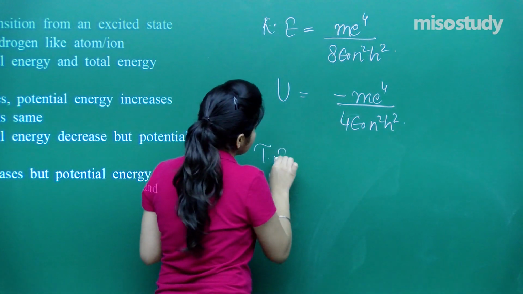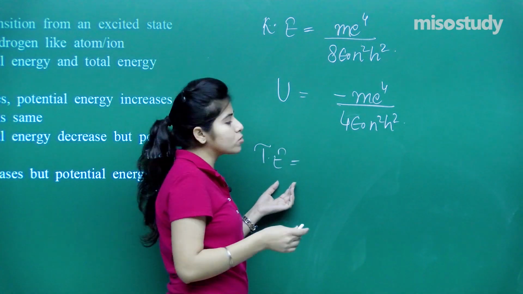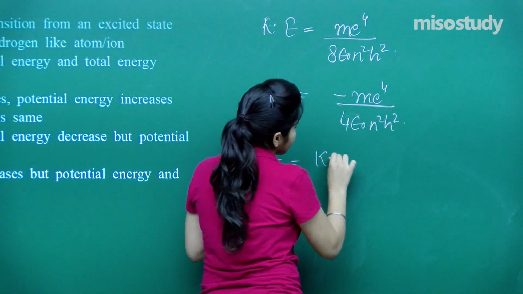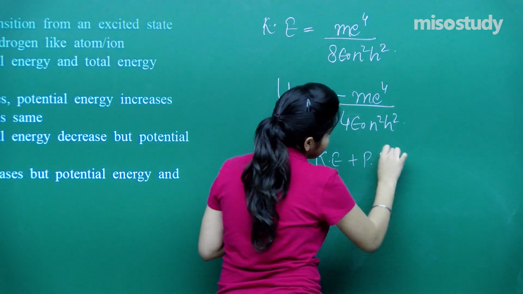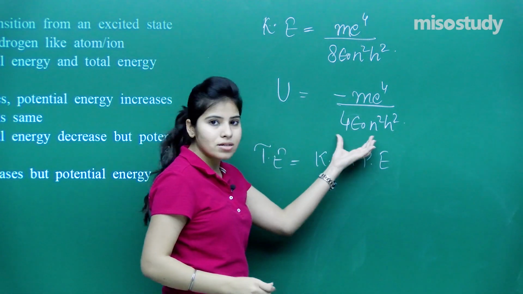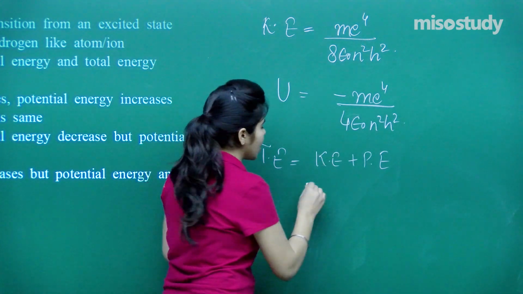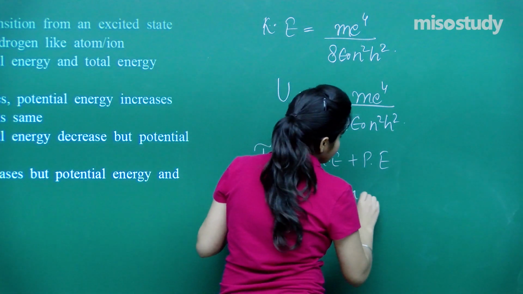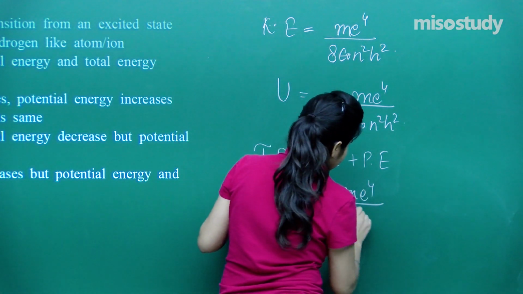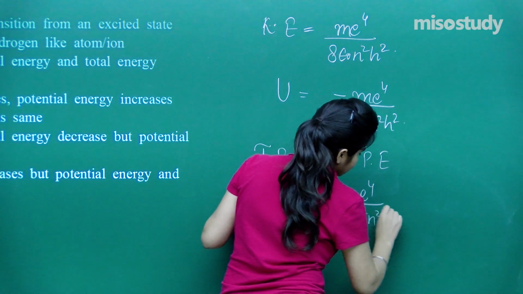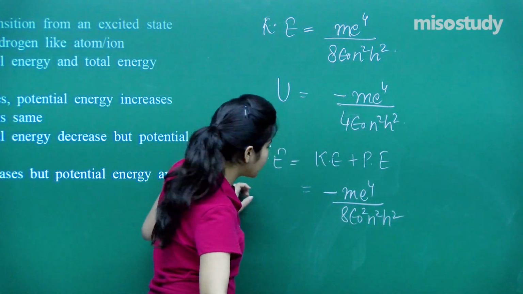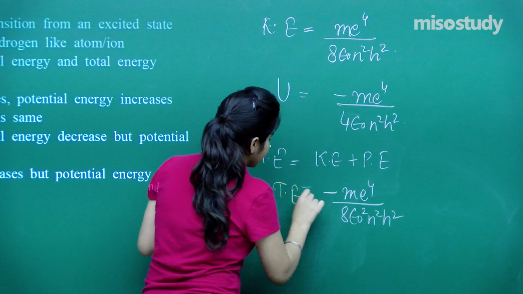Total energy, you need not remind this formula, you can find it out: kinetic energy plus potential energy. If you are going to add these two equations, then you will be having minus... this will be the relation for total energy.